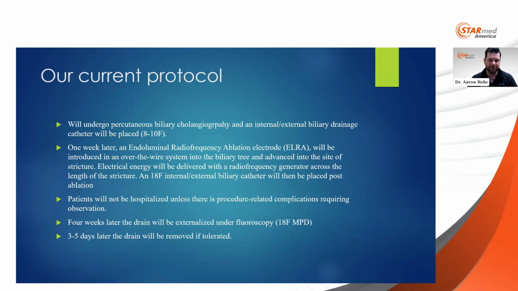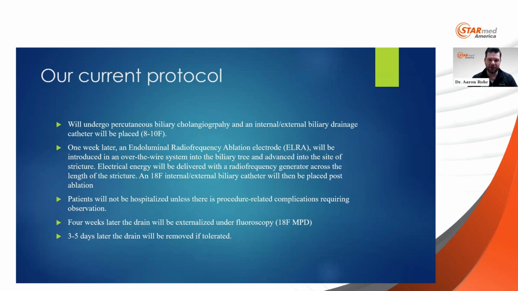So 1 week after placement, we'll use the Elver device and introduce it over the wire system to the biliary tree. We'll then use the device across the length of the stricture and then immediately put an 18 French biliary drain in. We typically do not hospitalize any patients for this.